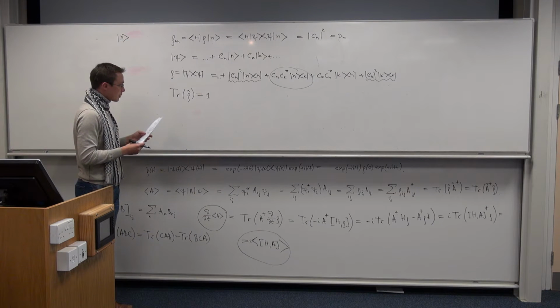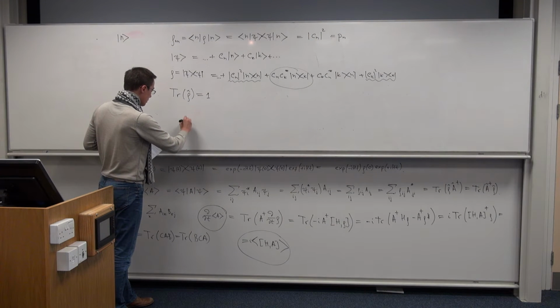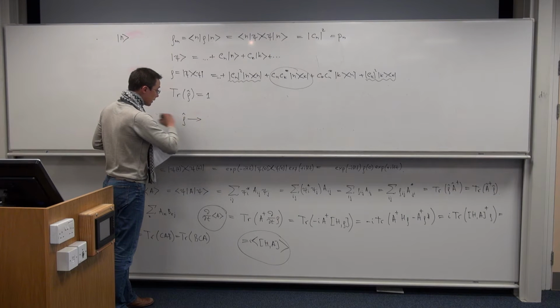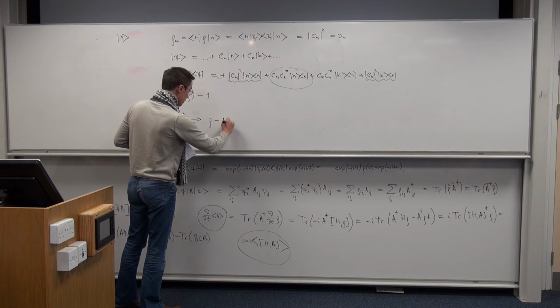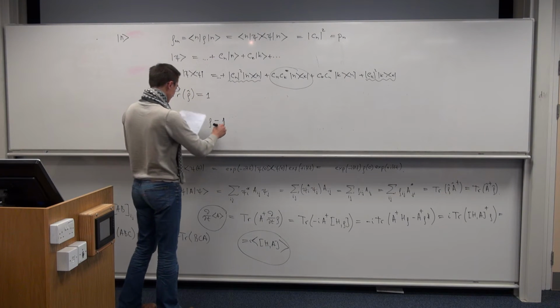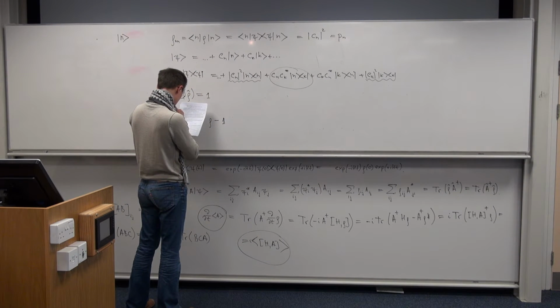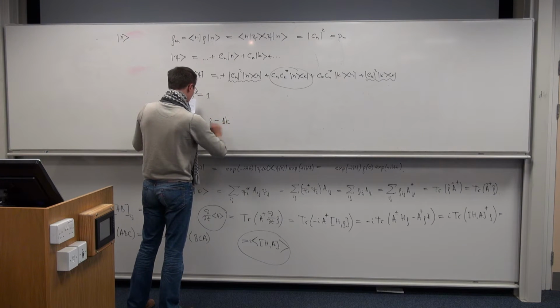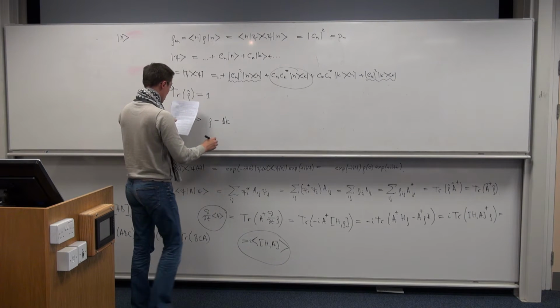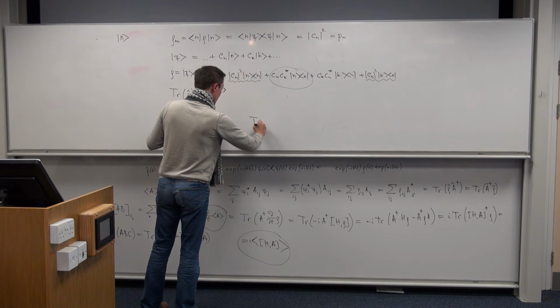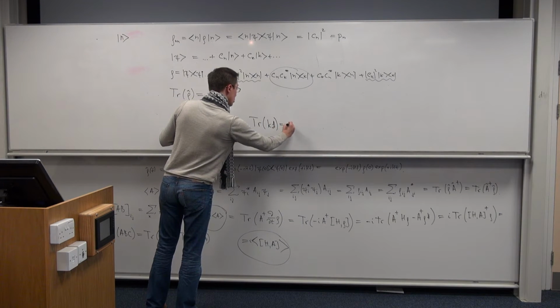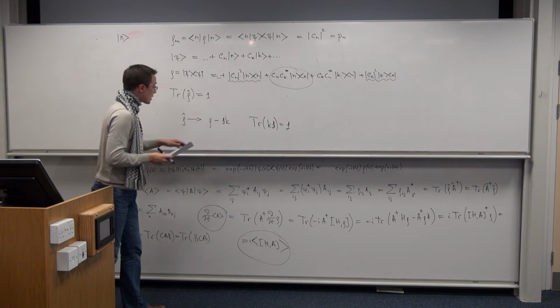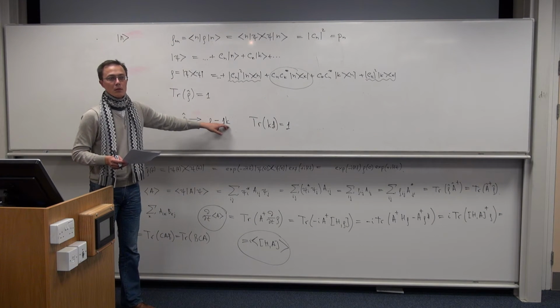So what is customary to do is to take the density matrix and replace it with the density matrix minus the unit matrix times k, with the k scaled in such a way as to have the trace of k times the unit matrix equal to 1. So essentially we subtract a little bit of unit matrix out of the density matrix to make it traceless.